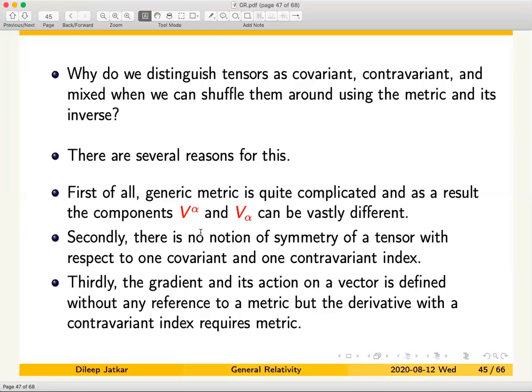But that property you cannot define when one index is covariant and one index is contravariant. Therefore, sometimes it may be useful for you to write down the object with purely covariant indices or purely contravariant indices and check what kind of symmetry property that tensor has. But eventually the tensor with mixed indices may be more relevant.